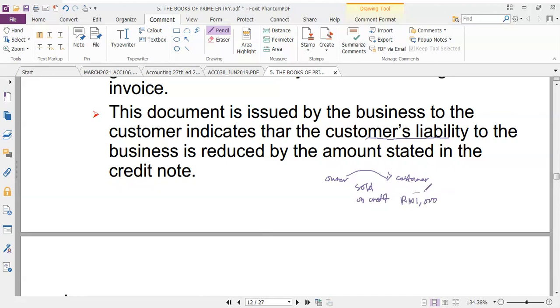And then some of the products, some of it is obsolete or wrong classification. For example, if the owner sold scarves, RM1,000 for 100 pieces, and among the 100 scarves, 30 are defective or torn.